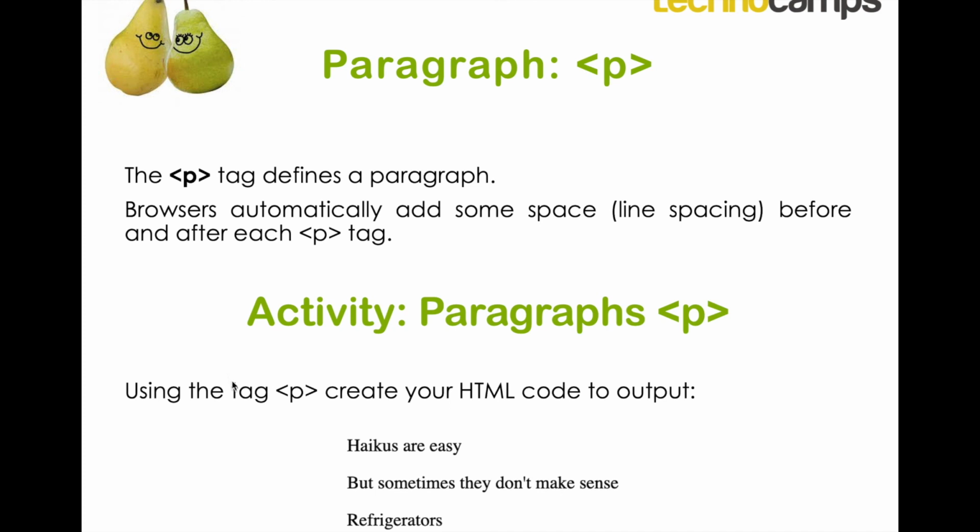Now, as an activity, I want you to create your own haiku using the paragraph tag. So this is an example of a haiku. Using paragraph tags, I want you to create your own. You may pause the video and do this yourself now.